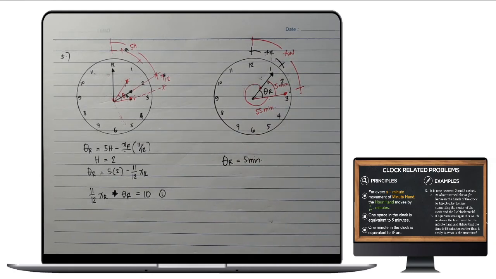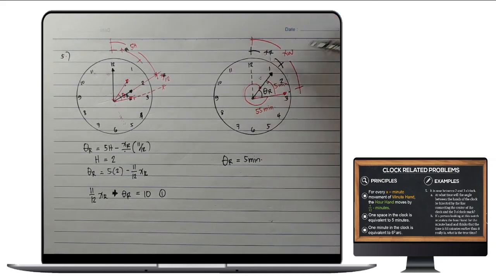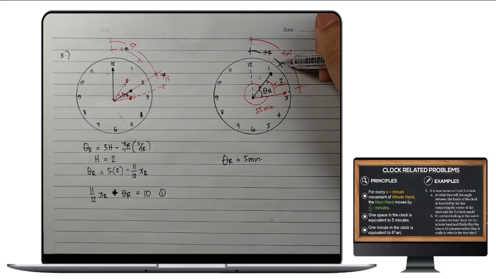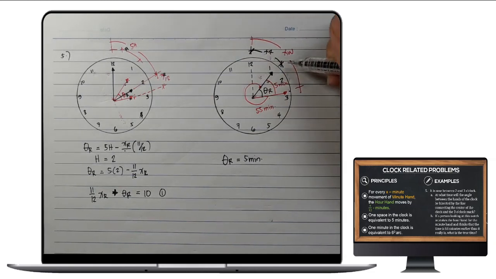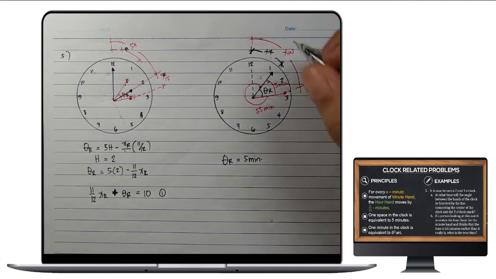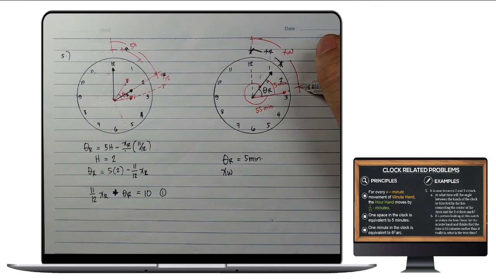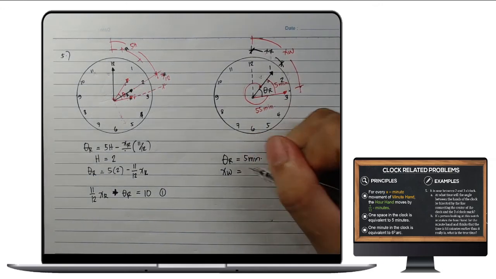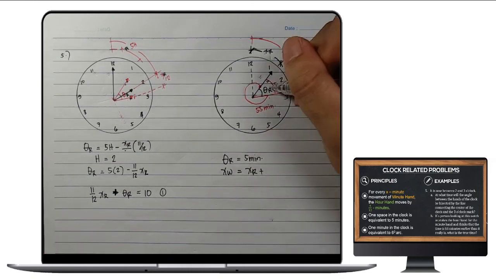Okay? So, 5 minutes. So, looking at this figure, we can say that X sub R and X sub W, their relationship is that X sub W, yung wrong minute hand, okay, is equal to X sub R plus this theta.